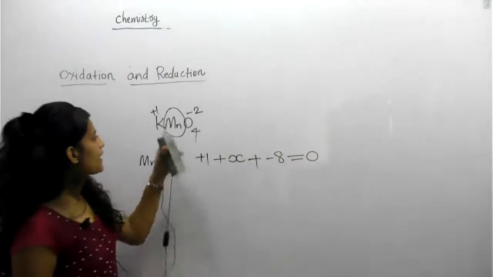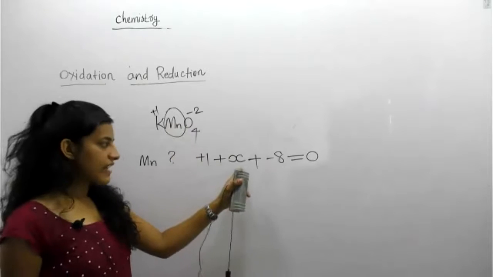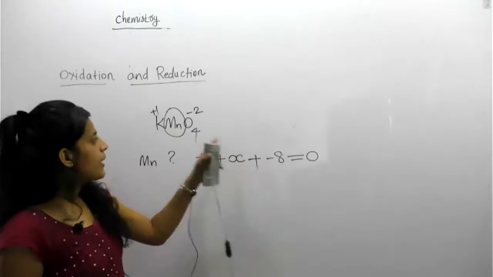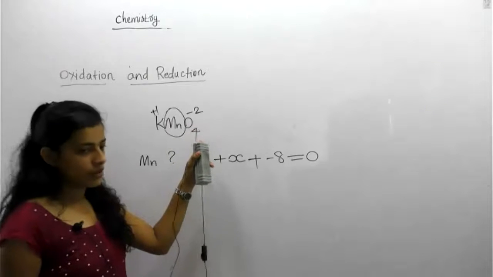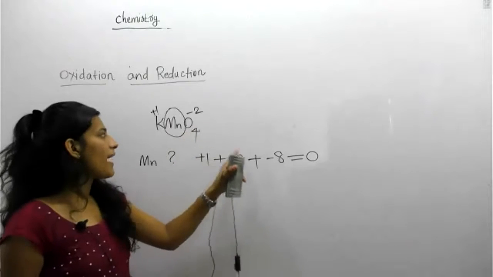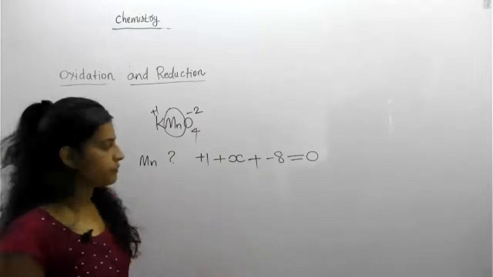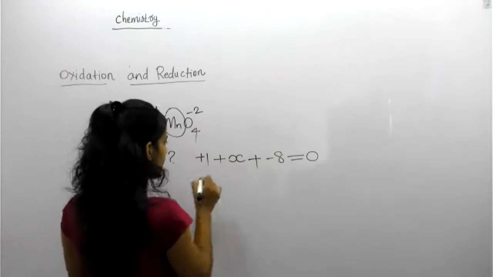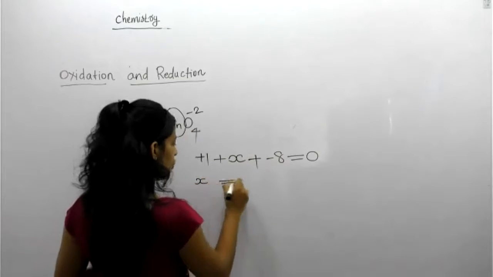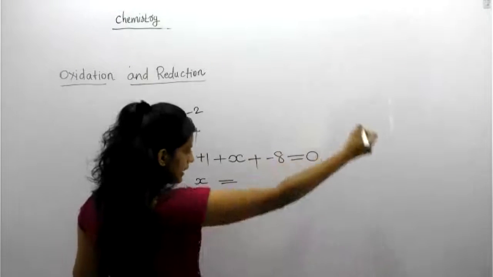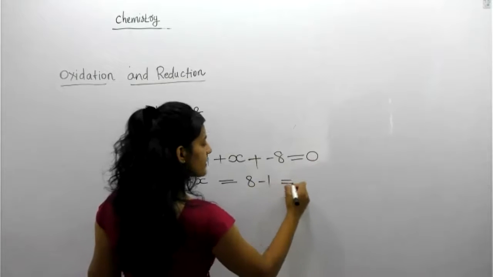So +1 plus manganese, which you don't know, so put X, and then plus, per 1 oxygen is -2. Here 4 oxygen atoms are there, so -2 into 4, that is -8, which is equal to 0. Then you can calculate X. X is equal to 8 minus 1, which is 7.